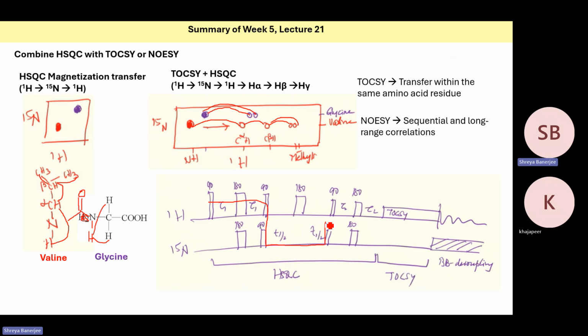Then magnetization is transferred back to the hydrogen, and you give a time delay of 2 tau 2. Now, if this was HSQC, the FID would have been collected here. But because you are combining TOCSY, after this you include the pulse sequence of TOCSY, and you collect the FID after the pulse sequence of TOCSY. So basically, by adding pulse sequences like this, you can get more information about the molecule.